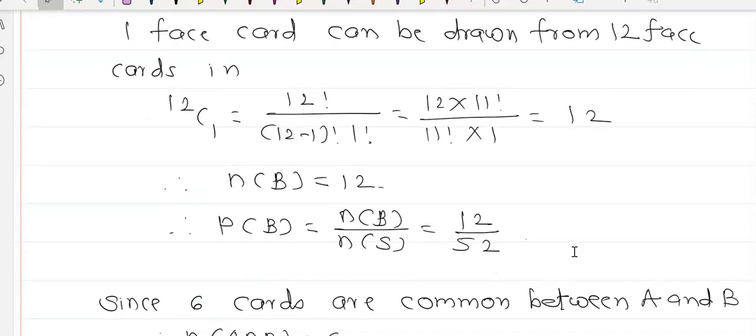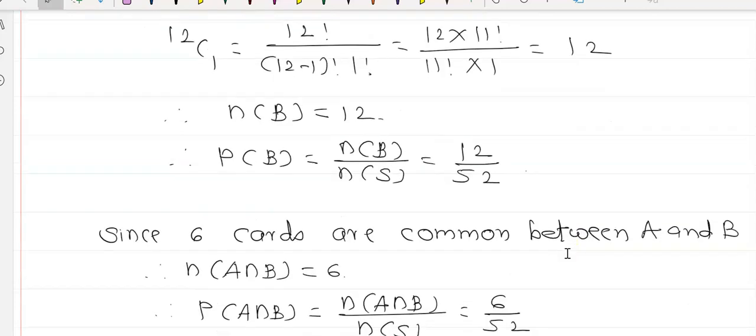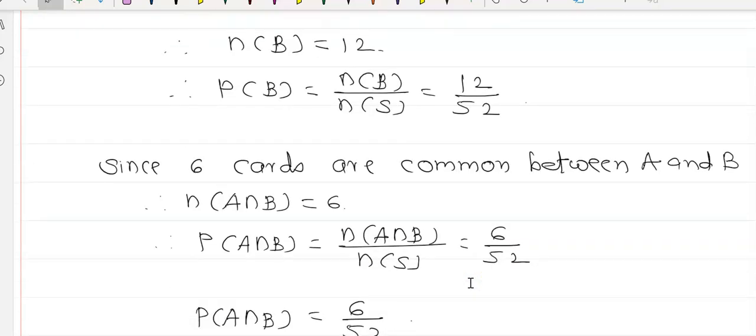Since 6 cards are common between A and B, therefore N of A intersection B is equal to 6. Therefore P of A intersection B is equal to N of A intersection B upon N of S, and that is equal to 6 upon 52.